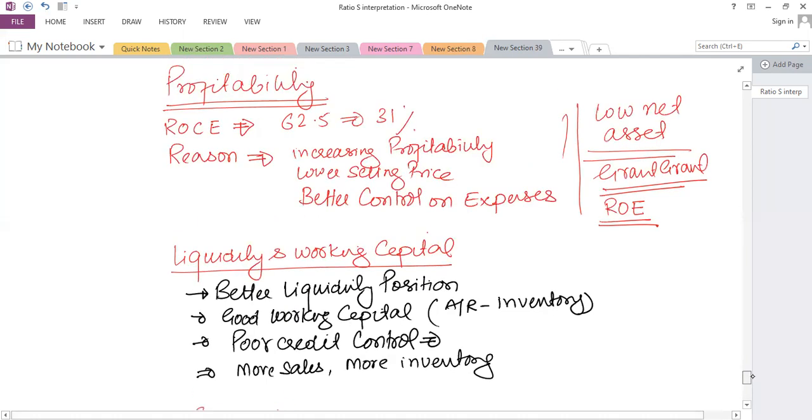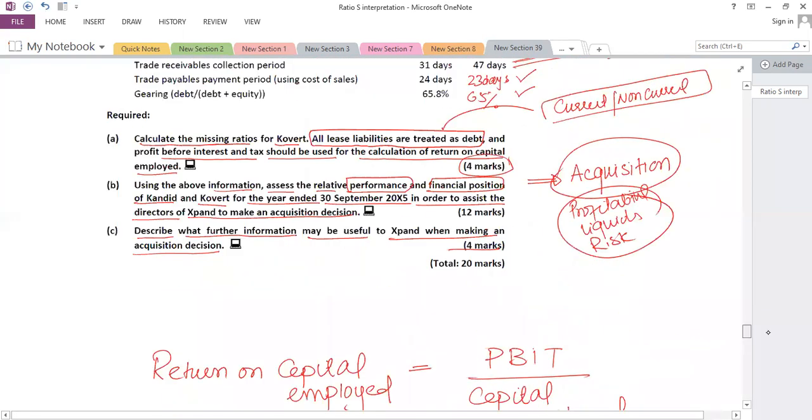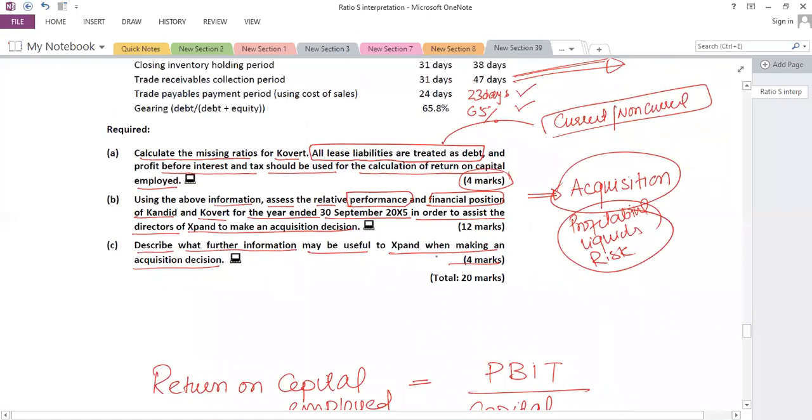So I've told you a few reasons, right? In part C, what further information may be useful when making an acquisition decision? So compare these two organizations, identify some general reasons, some specific reasons, and then describe them. The age of the entity might be one factor, the size of the business, the nature of the product, some non-financial information like employee credibility, employee turnover rate, relationship with the suppliers, how many suppliers they have, the brand loyalty, how many brands they have.